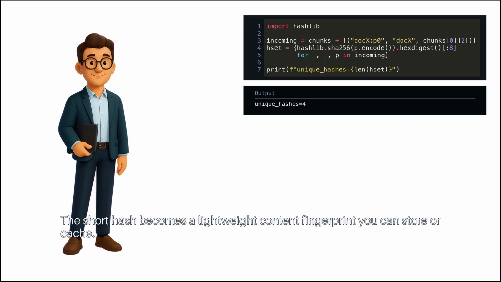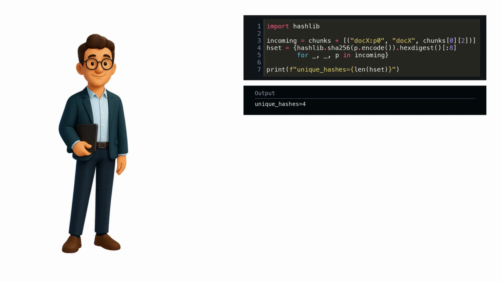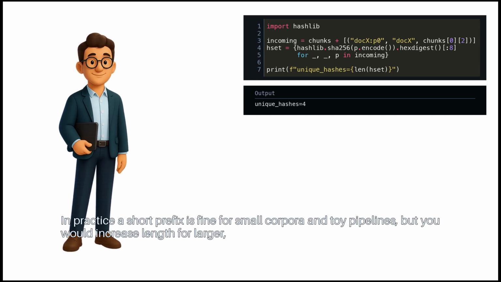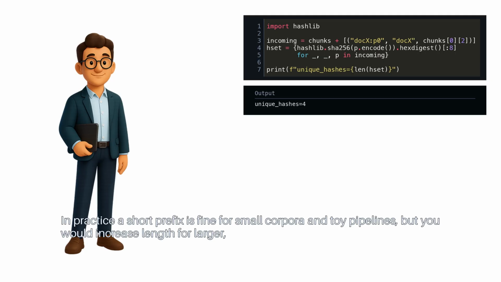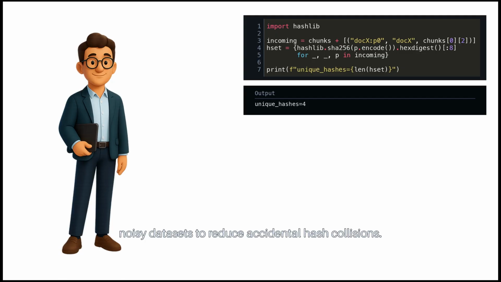The short hash becomes a lightweight content fingerprint you can store or cache. If you change the truncation length, you trade off collision risk against storage and comparison speed. In practice, a short prefix is fine for small corpora and toy pipelines, but you would increase length for larger, noisy datasets to reduce accidental hash collisions.